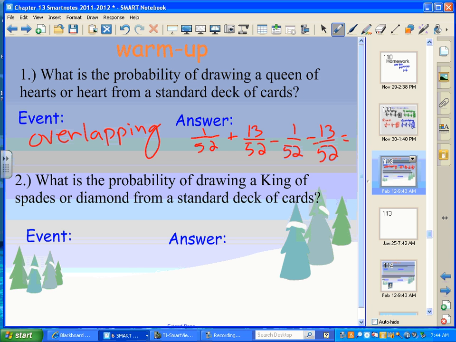Zach, you kind of with us? Briar, what'd you get? Type in 13 divided by 52, math, enter. And you should have this done anyways. Okay, 1/4. So number one, overlapping, 1/4.